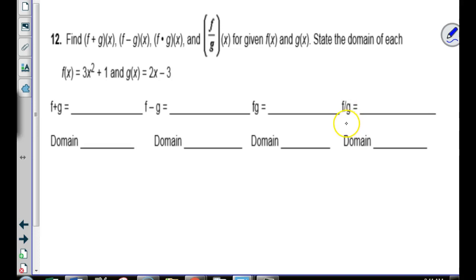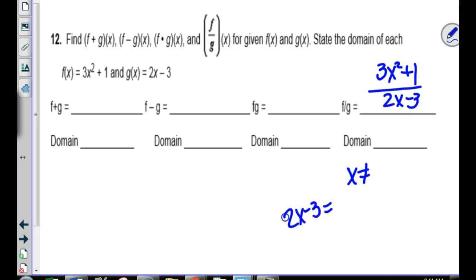Yeah, the one where you divide. Because the one where you divide, you're going to have 3x squared plus 1 over 2x minus 3. And so what can x not be there? 2x minus 3 cannot equal 0, so that would mean x cannot be 3/2.